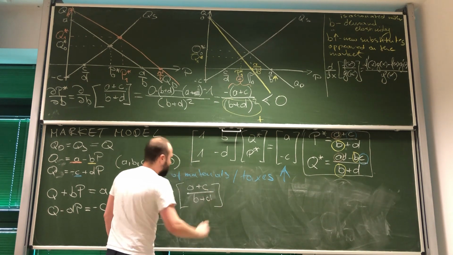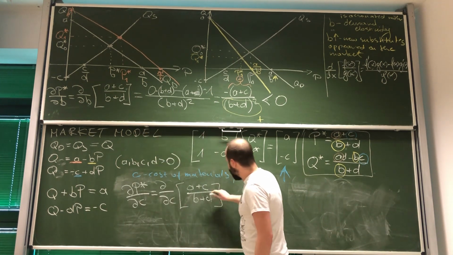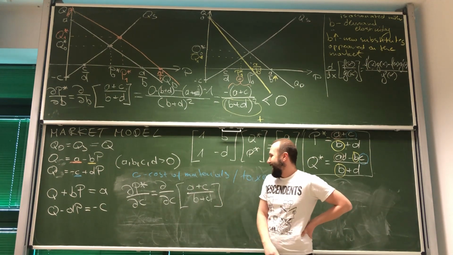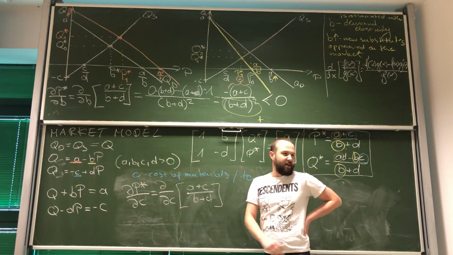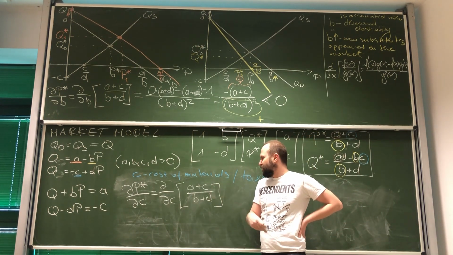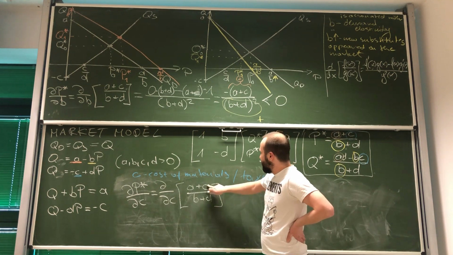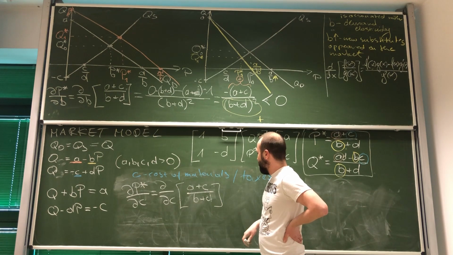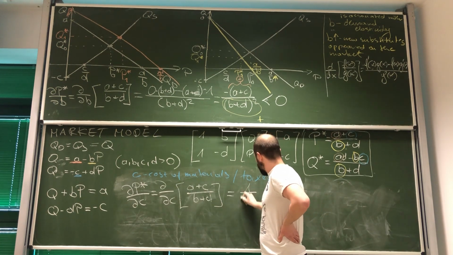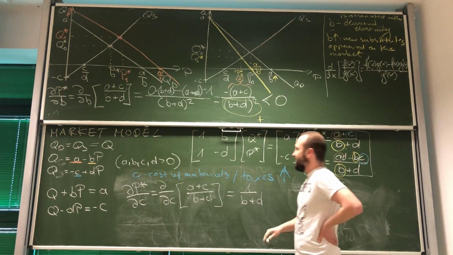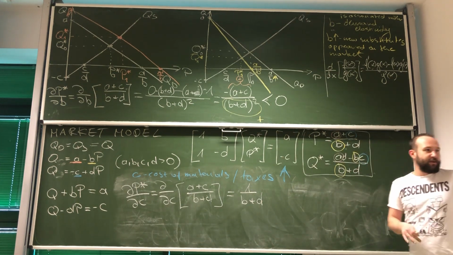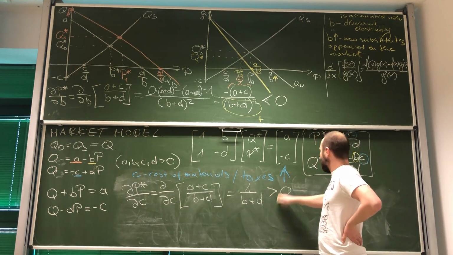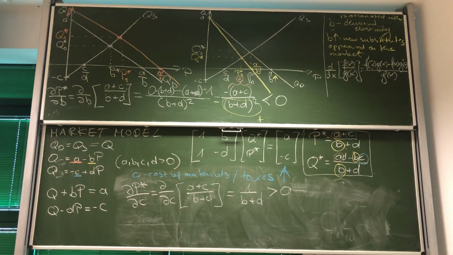We can use the same trick. C here is the only thing changing, so the part with A can be forgotten. It's going to be 0. And C has just coefficient 1 over B plus D. So the value of the derivative is the same as it was in the case of A, and we know that this is clearly a positive outcome.